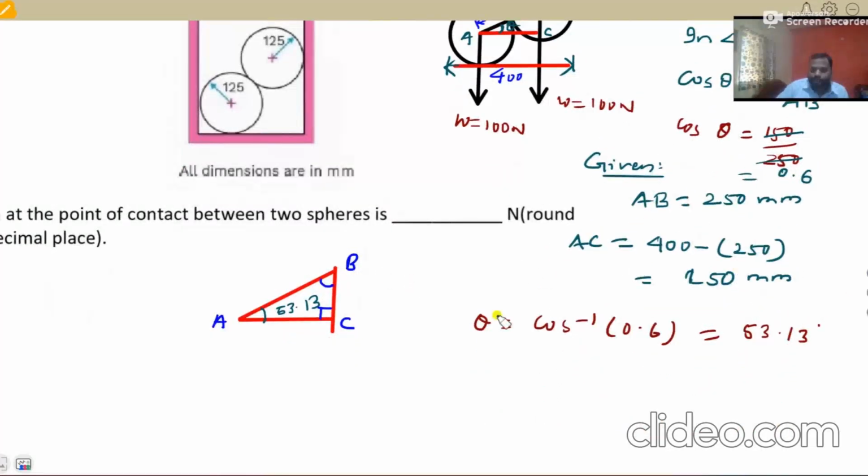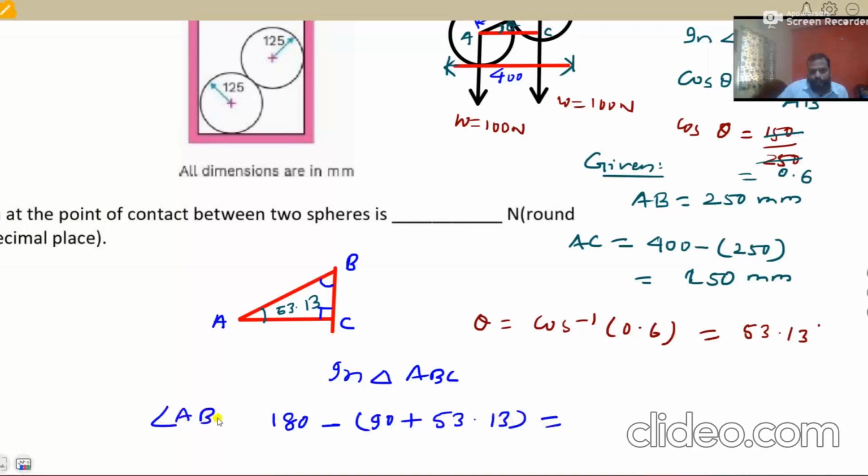In triangle ABC, as we know, the sum of the angles of a triangle is 180 degrees. So 180 degrees minus 90 plus 53.13, and that will be this angle, ABC, meaning the angle at B. Now it would be 36.87 degrees. Now it is calculated.